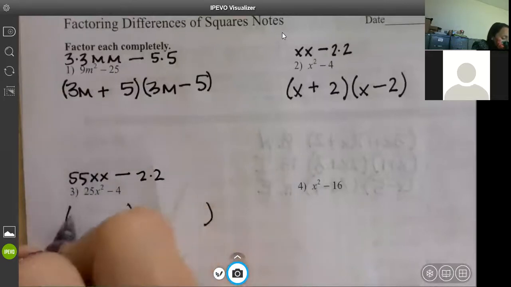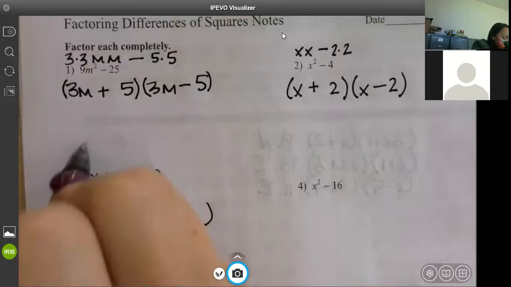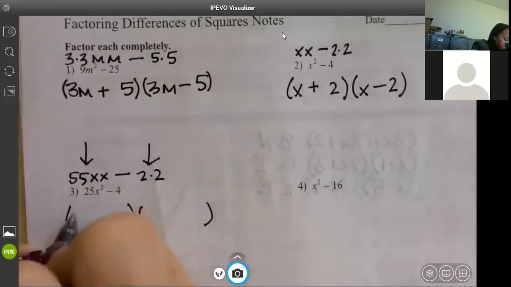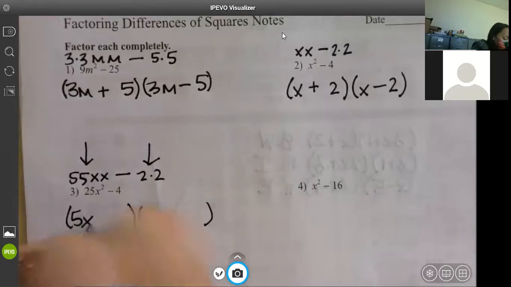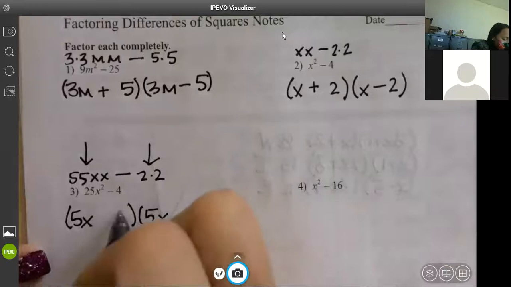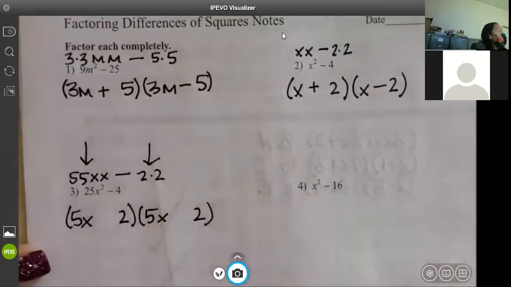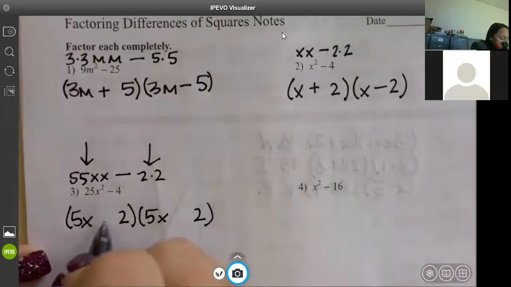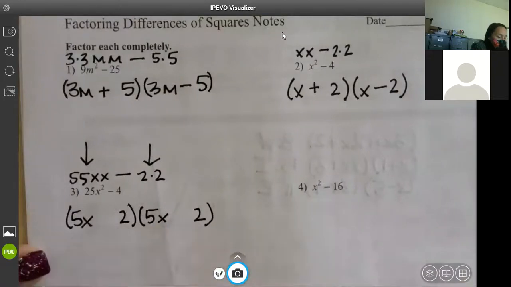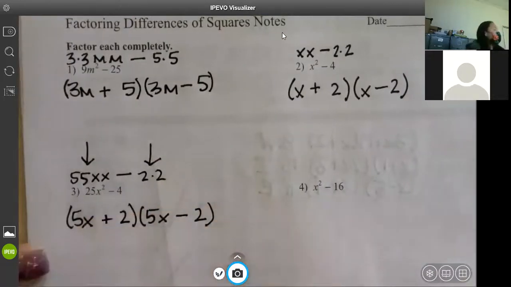Look, here's your front. Here's your back. What's going in the front? 5 and x. And in the back? 2 and 2. Each one gets one. What are your signs between? One is positive, one is negative. Doesn't matter which order you put it in.